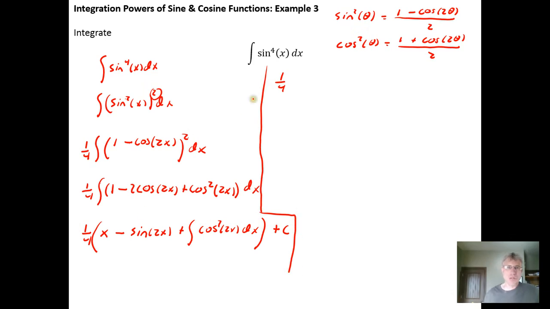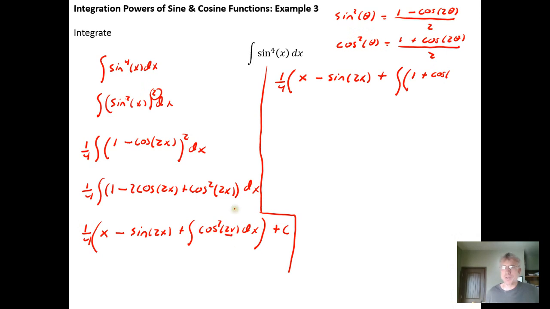So I've got a quarter of a bunch of stuff, and this is an x minus the sine of 2x plus, and now we've got an integral, but that integral is going to have some stuff inside of it. It's going to be 1 plus the cosine of twice the stuff. So in this case, it's going to be twice what's already in here.